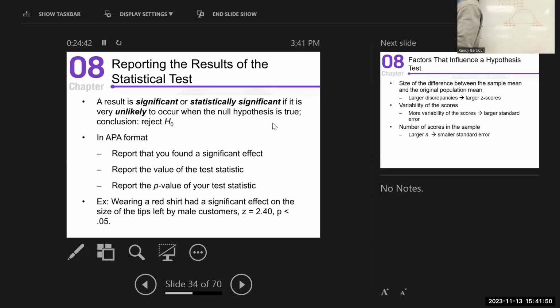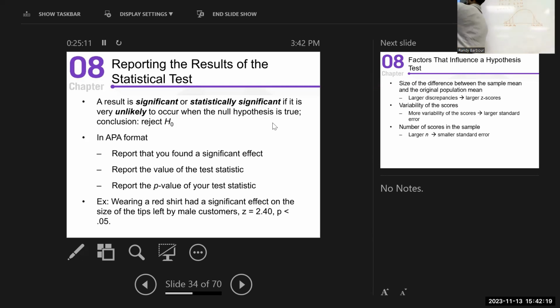So when you see it in the APA format, they're going to report that you found a significant effect, or they'll say it's non-significant. They'll say it's either significant or non-significant. They'll report the value of whatever the statistic is. So it can be Z-score, T-score, we'll see F-score, you'll see correlation, and they're going to report their p-value or their probability. And basically something very similar to this.